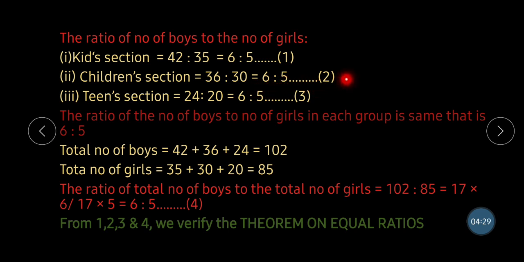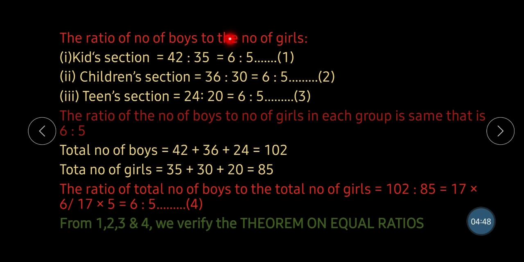Let us call that equation 2. Lastly, teen section is 24 is to 20, and when we reduce we get 6 is to 5. Let us call that equation 3.